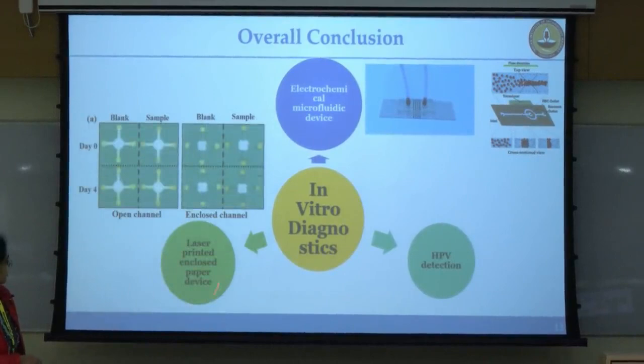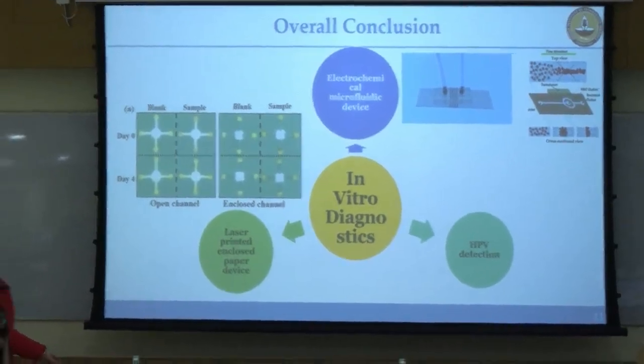We also work on different kinds of paper-based microfluidic devices for other metabolite detection, either biological metabolites or different chemical components coming from the environment. We are developing different kinds of laser-printed microfluidic devices to do these other detections.